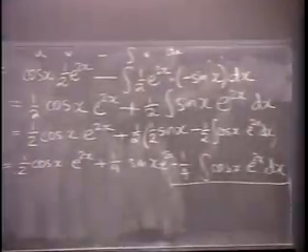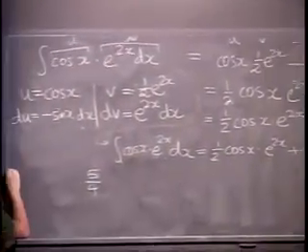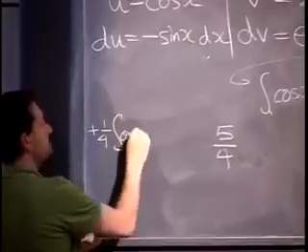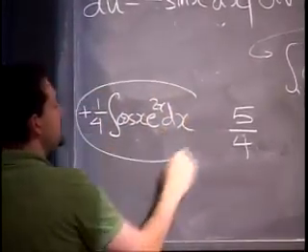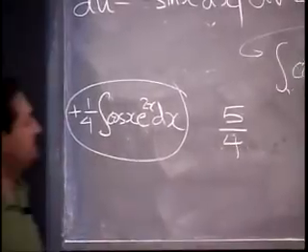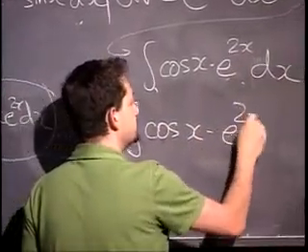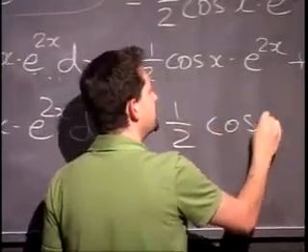And we end up with 5/4 of it. So I guess the operation is to add 1/4 of the integral cosine x e to the 2x dx to both sides. That's the operation. And we'll end up with 5/4 of it on this side equals this stuff that doesn't involve an integral.